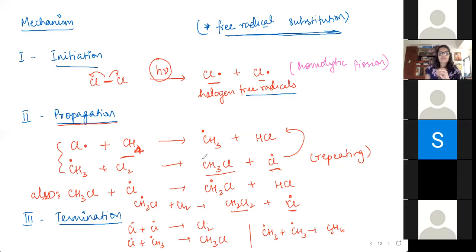So free radical substitution is not used for any purpose at all, unless you don't mind getting a mixture of products. You don't really use it in a lot of places.